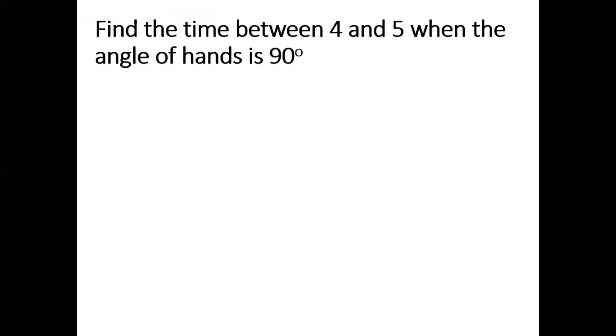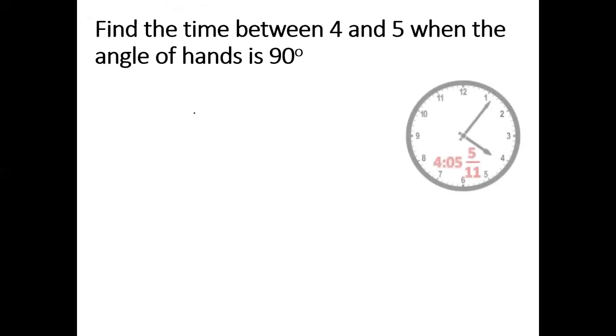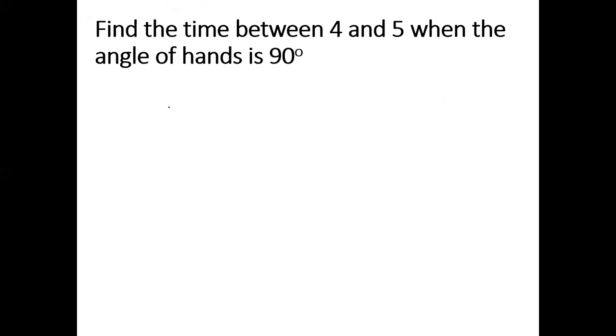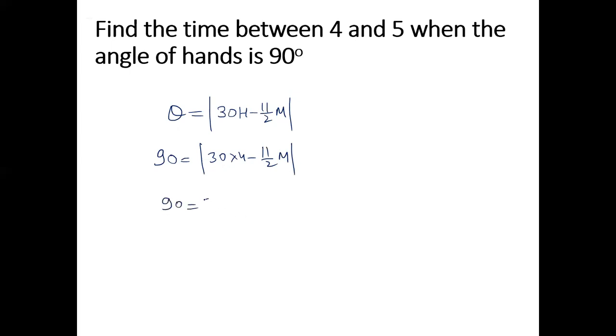And now let's see the angle of 90 degree. For this, apply this formula: theta is equal to 30h minus 11 by 2m. Theta is 90 degree. H is 4. So 90 is equal to 120 minus 11 by 2m.